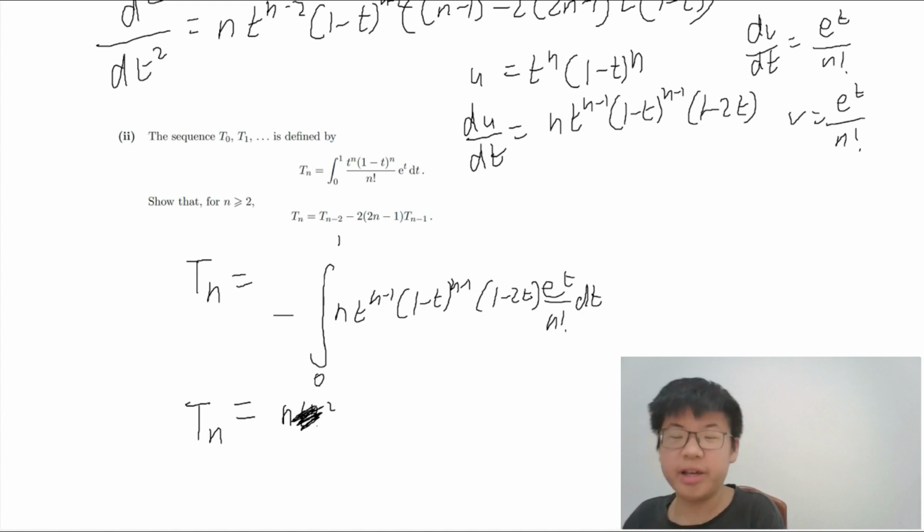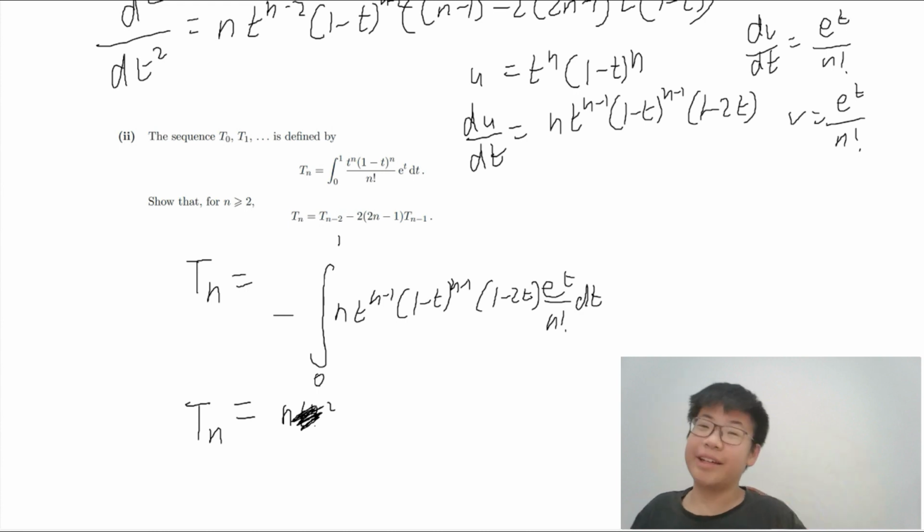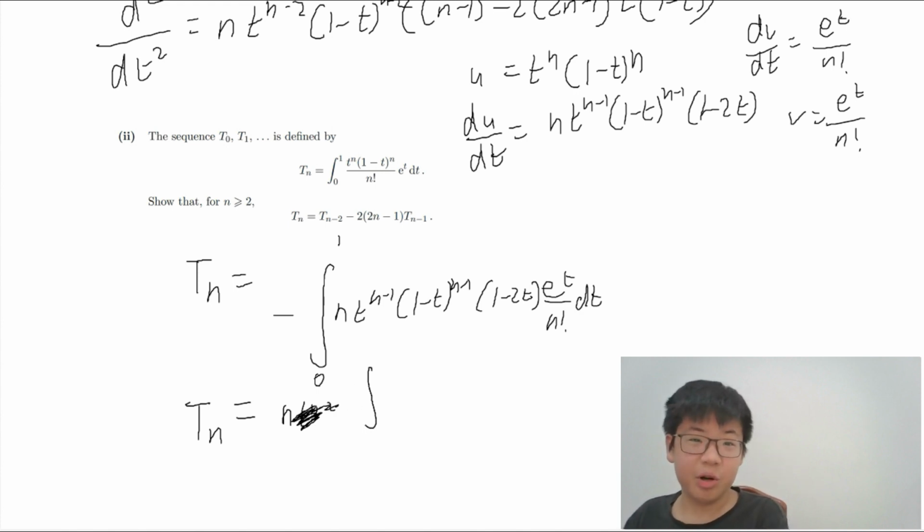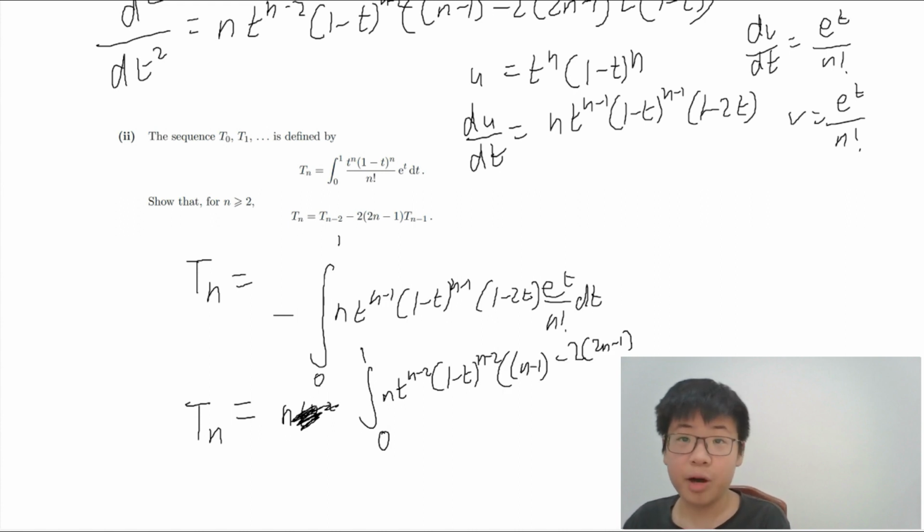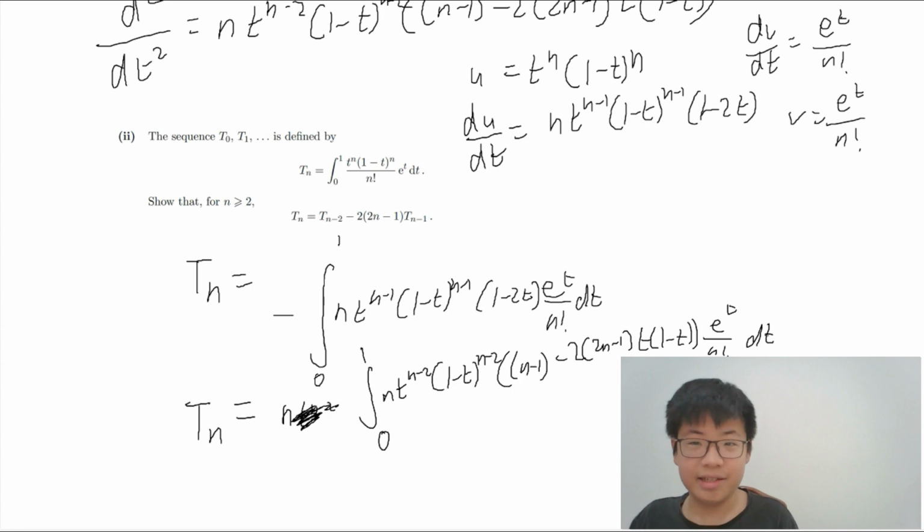We do not need to put in the definite integrals, because when the limit point is 0, t will be 0, and when the limit point is 1, 1 minus t^(n minus 2) will be 0. And therefore, the integral would be 1, 0, n t^(n minus 2), 1 minus t^(n minus 2), n minus 1, minus 2, 2n minus 1, t, 1 minus t, e^t over n factorial dt.